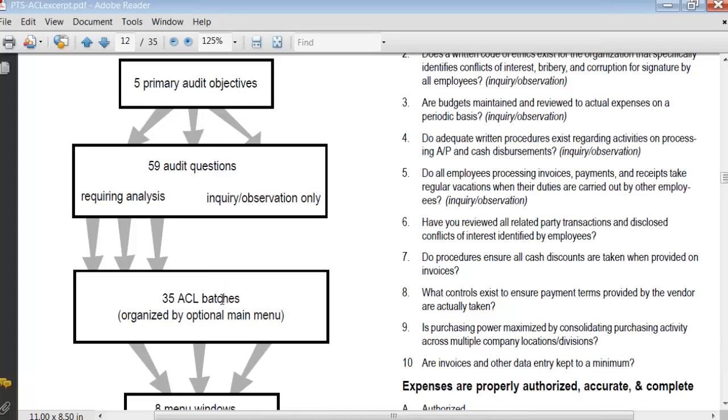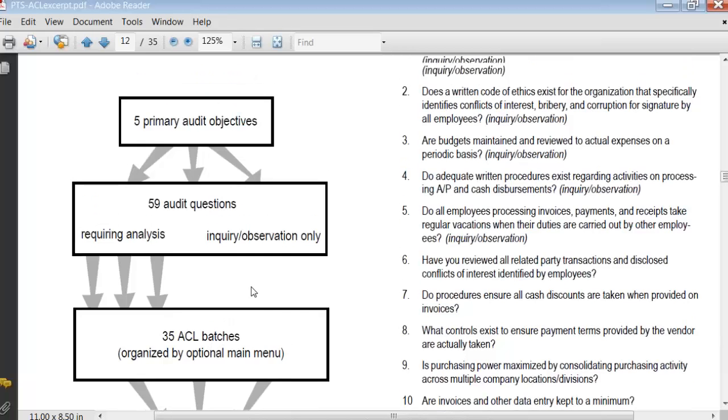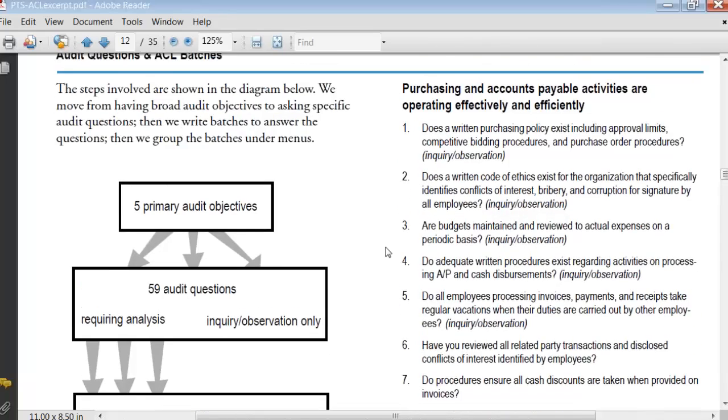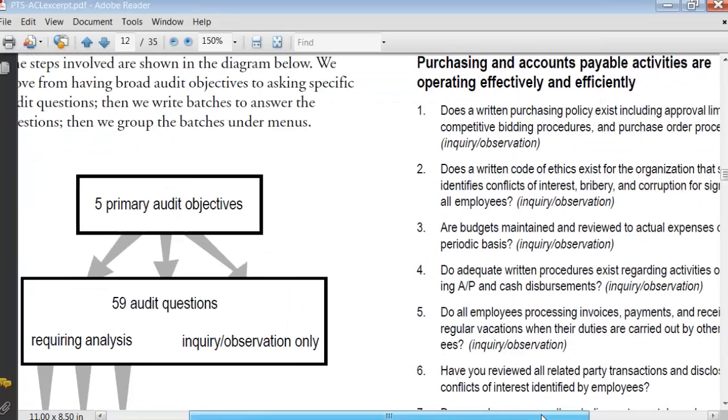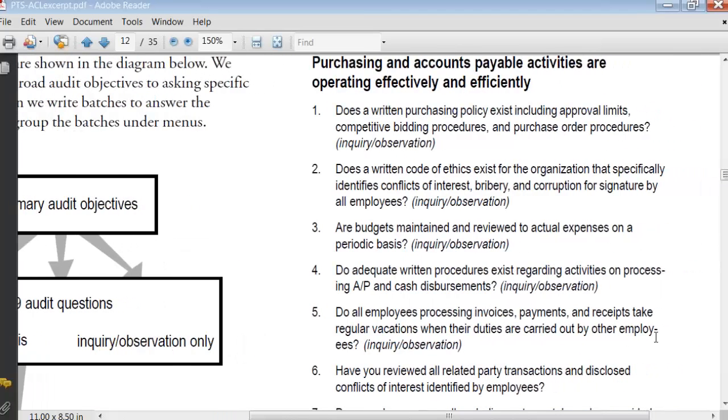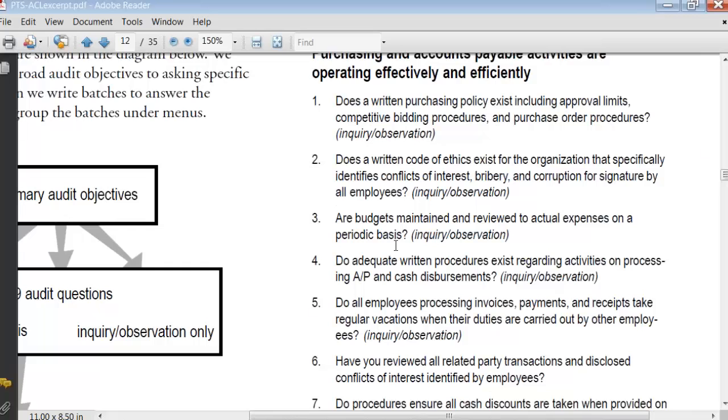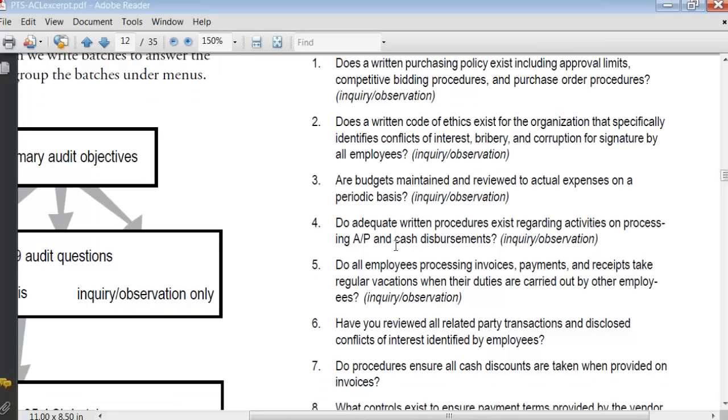And batches are now otherwise known as scripts within ACL. As we look at some of these audit questions, such as is purchasing and accounts payable activities operating effectively and efficiently, there are a lot of tests that are really just inquiry and observation. So I wanted to note that.